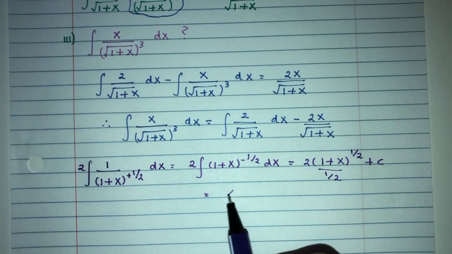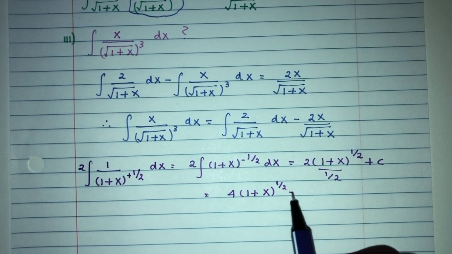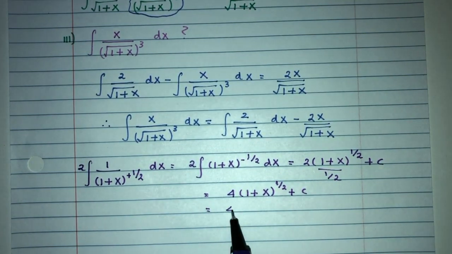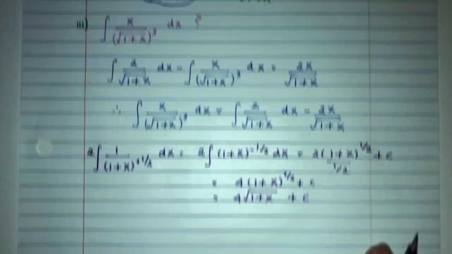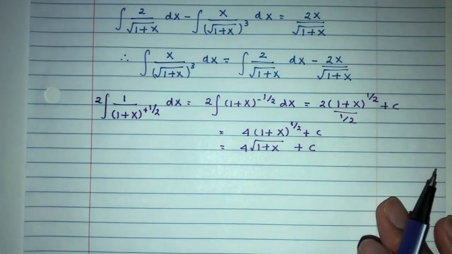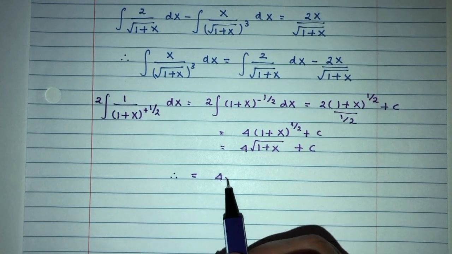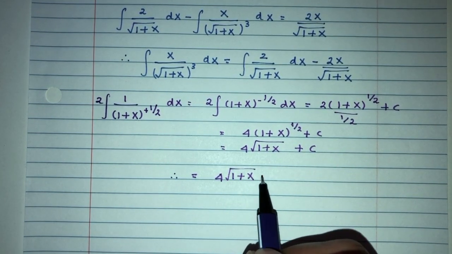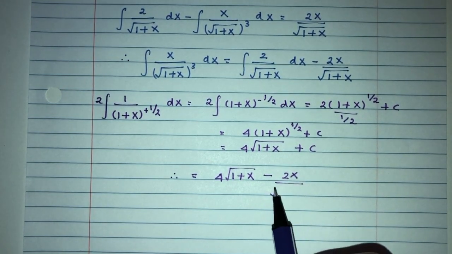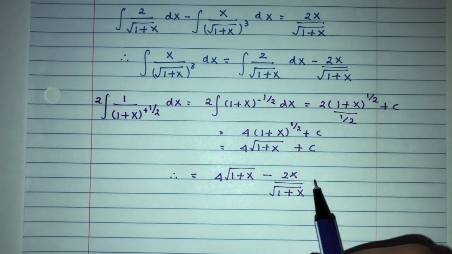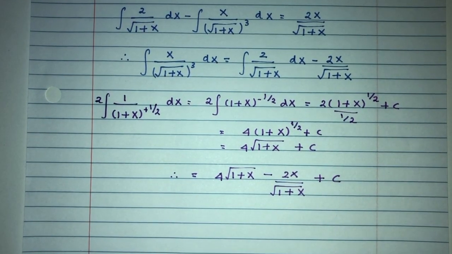That will give you 4(1 + x)^(1/2) plus c. So finally we place this back in here. We have realized that this is going to be 4 root (1 + x) minus 2x over (1 + x), and then plus c at the end. That will be the answer for question number 3.